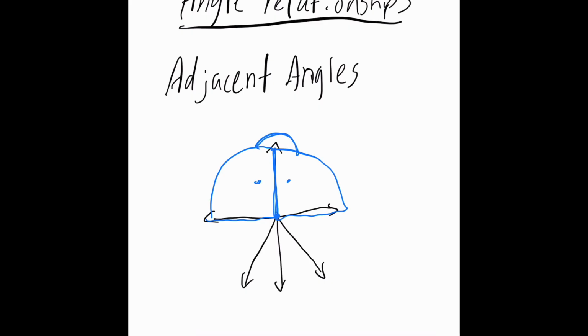But if we look at a different direction, we could say that this angle in the green is adjacent to this angle in the blue over here, okay? So don't overcomplicate angles being adjacent. It's just saying that they are literally next to each other, okay? Very simple, straight to the point.